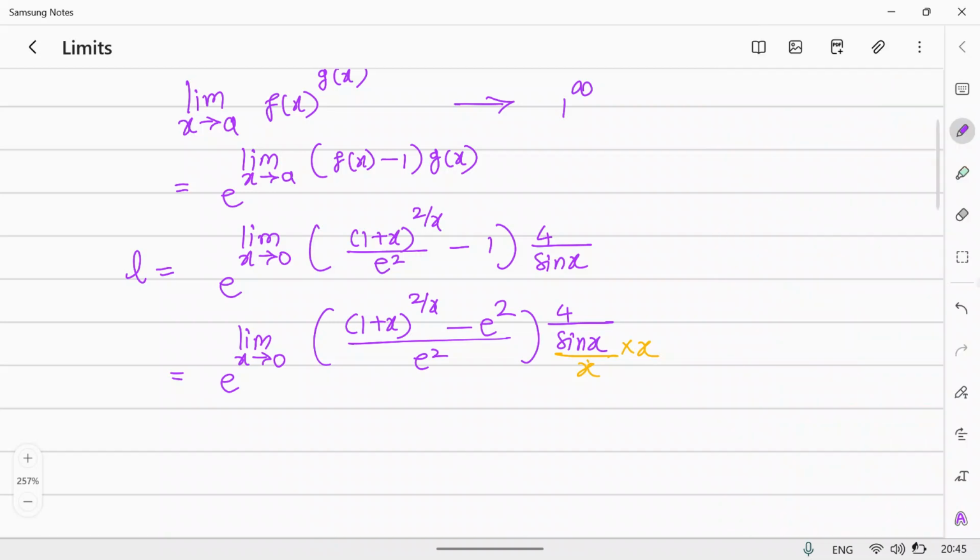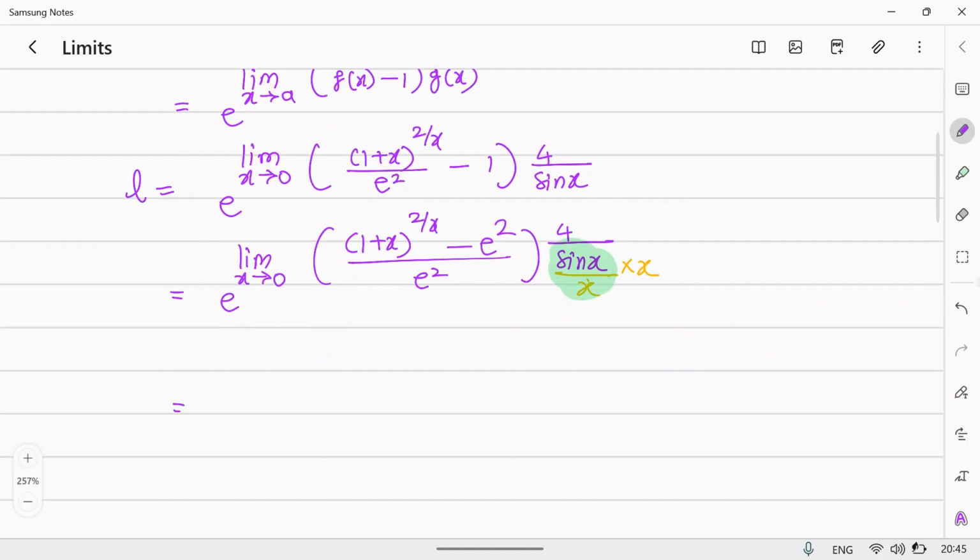Now if you see very carefully, sin x by x will be equal to 1, right? And your sum will now change to limit x tends to 0. This particular value is 1. It will change to (1 plus x) raised to 2 by x minus e square, upon this x, and this 4 by e square separately, and there is an x in the denominator.